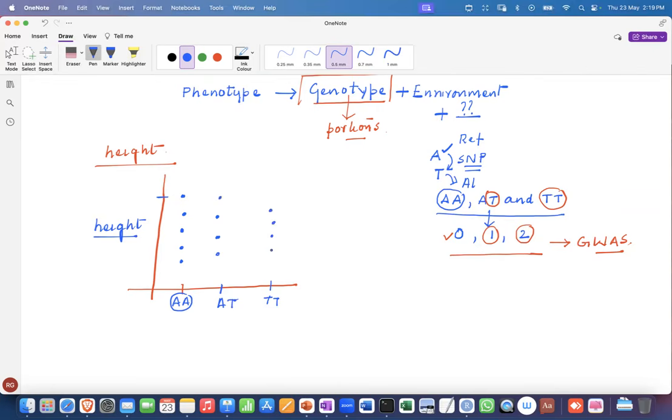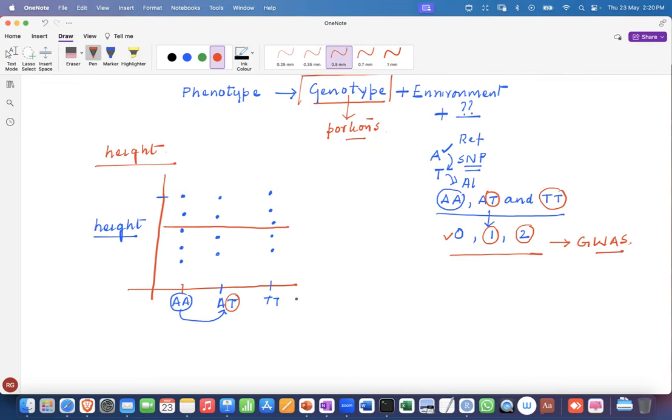Now, if I ask you, are you finding a wee bit of correlation in saying that with the introduction of one allele into the genotype, the introduction of this T allele, is there an influence on height? If you take how the mean varies, there is no variation at all, right?